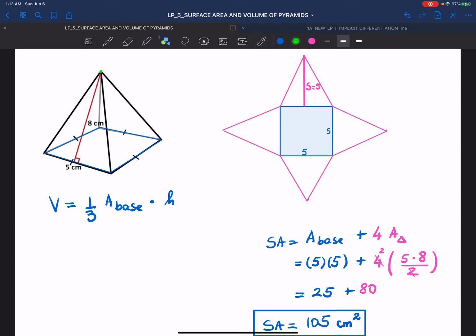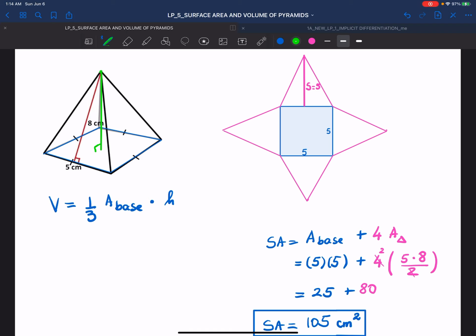And since the base is in a square shape, it means that the height of the pyramid will drop exactly in the middle of the shape. So I'm going to draw the height first, somewhere in here. And the height will be perpendicular to the base of the pyramid.